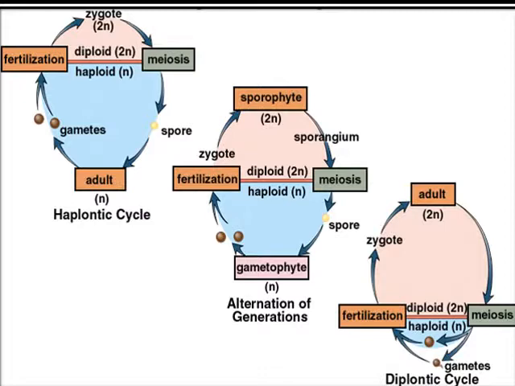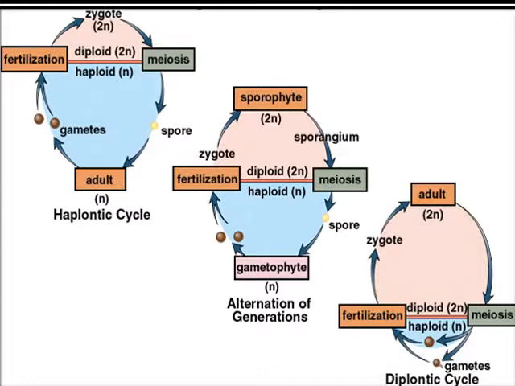So the majority of the life cycle is covered by a haploid structure. So the adult is haploid. Now it will produce haploid gametes. The gametes are haploid, so they will have n and n number of chromosomes. When fertilization takes place, n plus n is equal to 2n, so a zygote will be formed.